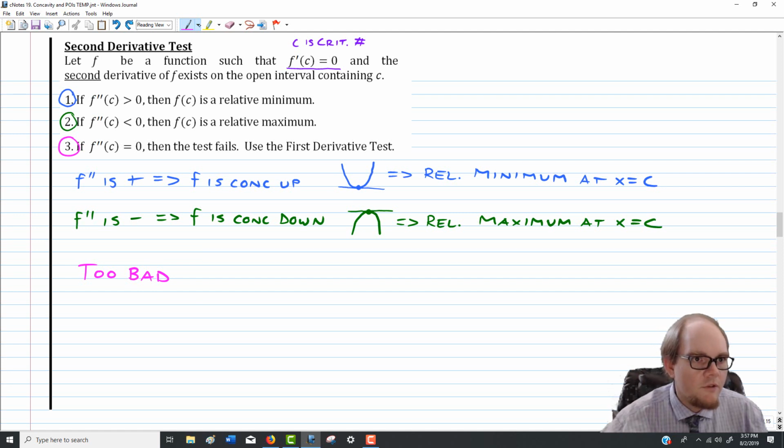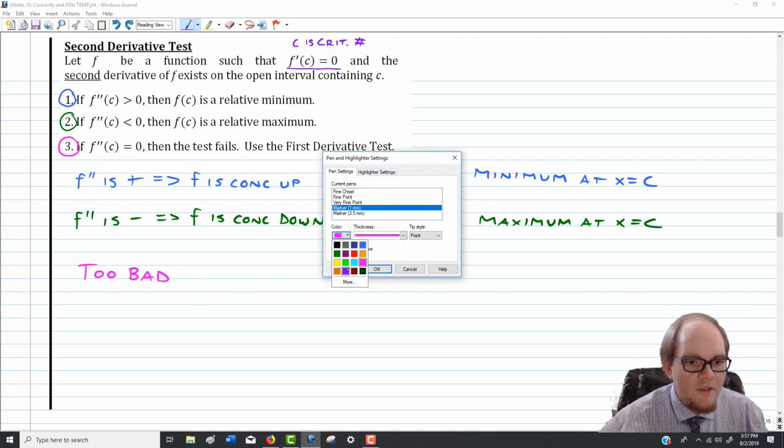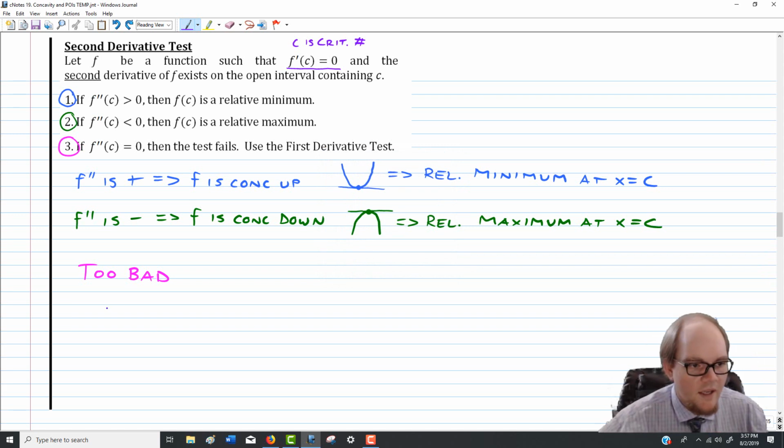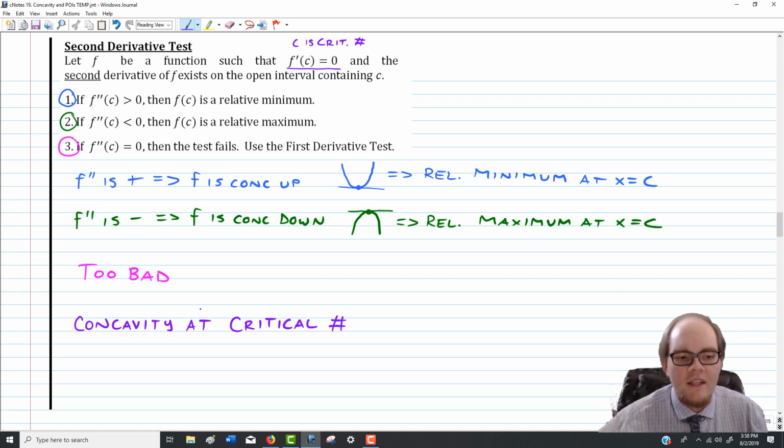So if I were to wrap this all up in a bow before we demonstrate it in a second, what we have is concavity at a critical number, because again, that's what we're really talking about here. We are at a critical number for a function f, and we have its concavity. That will tell us whether we have a local max or min.